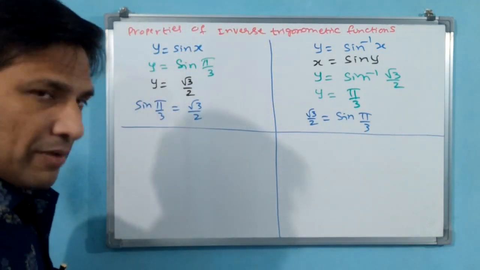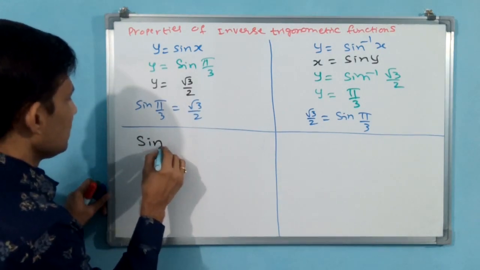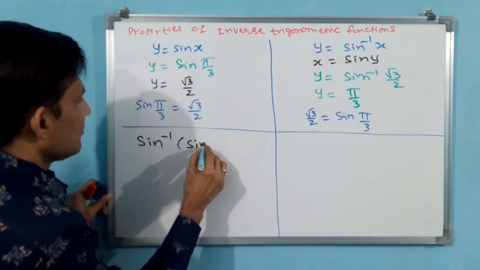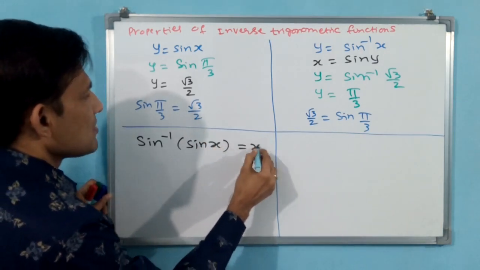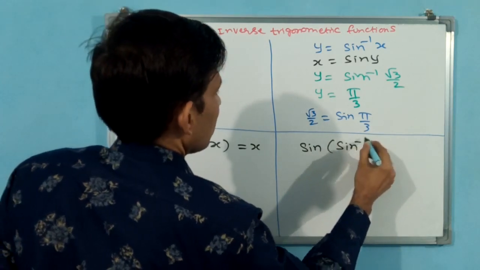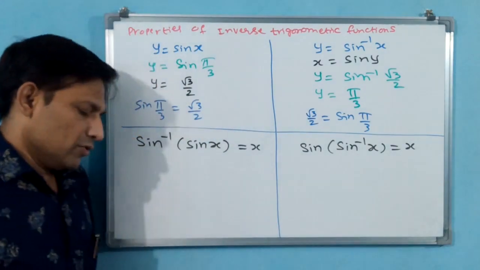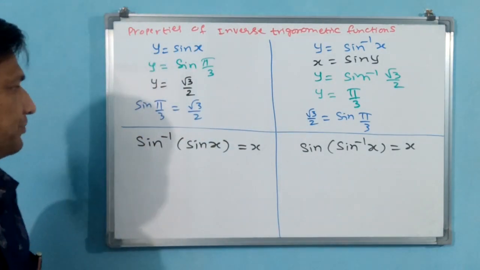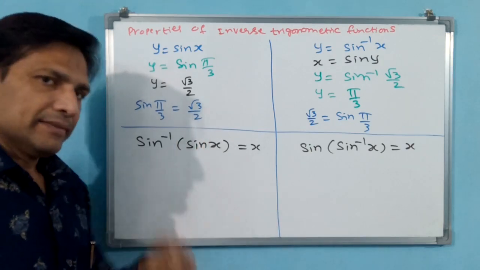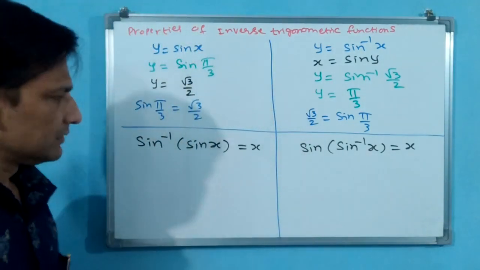How I am writing this property, you observe carefully. What I have written: sin inverse of sin x is equal to x, and sin of sin inverse x is equal to x.